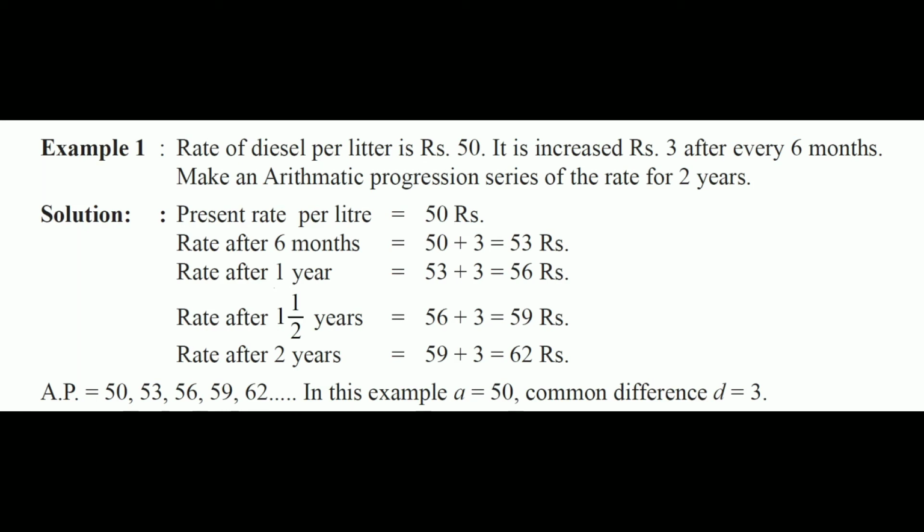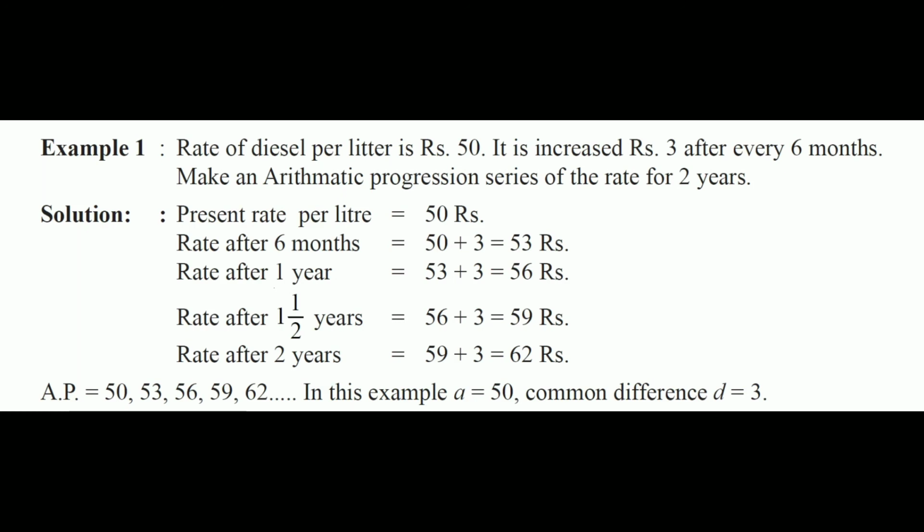Increased by rupees 3 means the common difference is 3, and the starting rate of the diesel will give us the first term, that is A. Means A, the first term, is equal to 50, 3 is the common difference, and we have to find the next 4 terms in the given question. Let us see the solution.